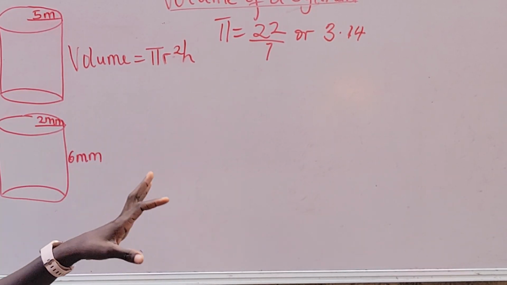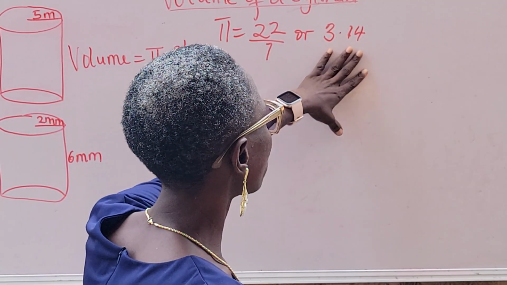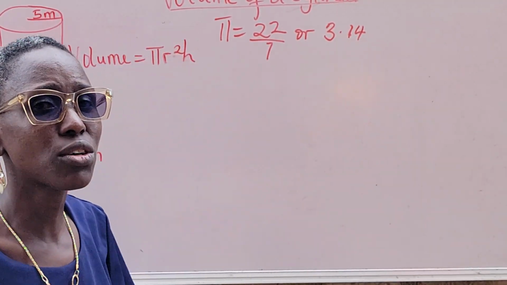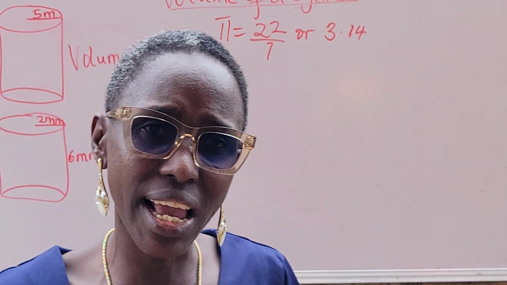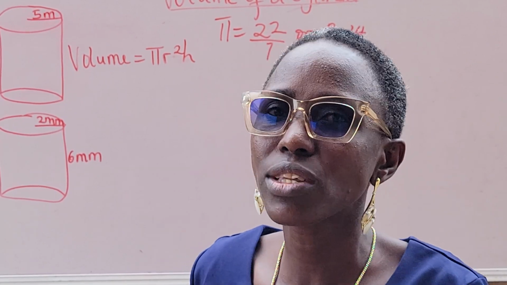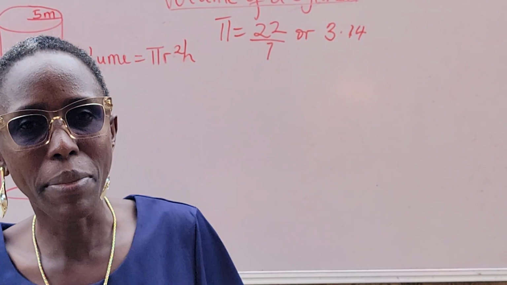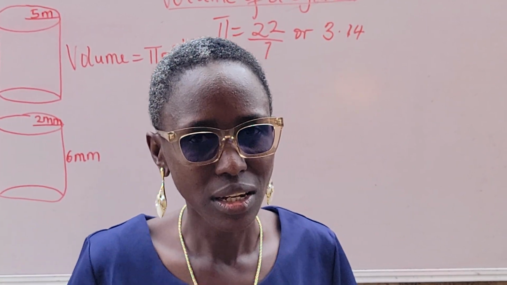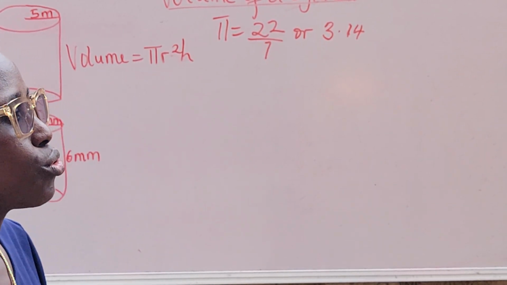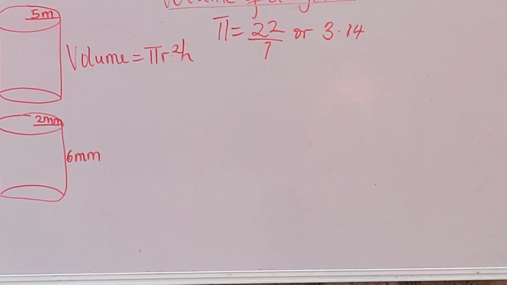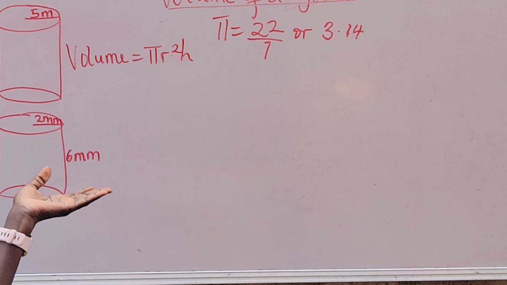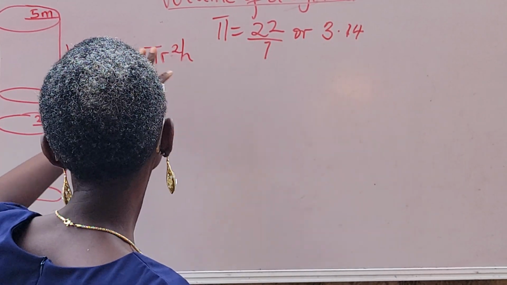But if it requires decimal, I will advise that you use 3.14, or if the question specifically states that you should use 3.14 as your pi, go ahead and do that. Don't insist on using 22 over 7. Okay, but today this question is not stating that. I'll be using 22 over 7 to solve this.